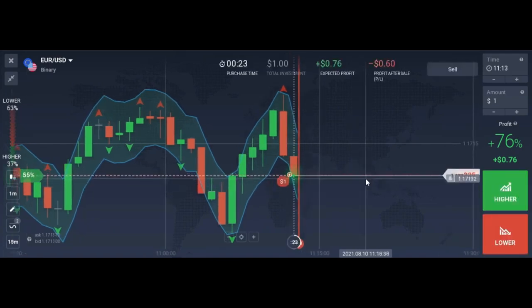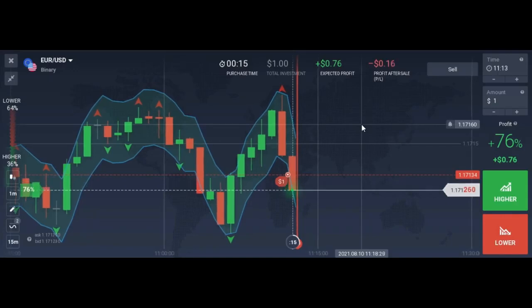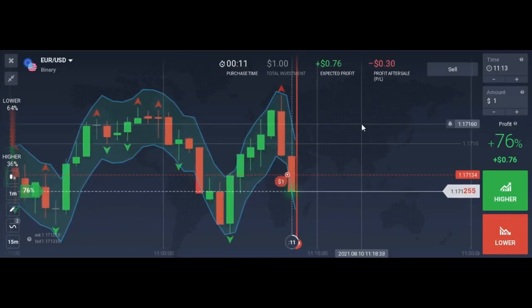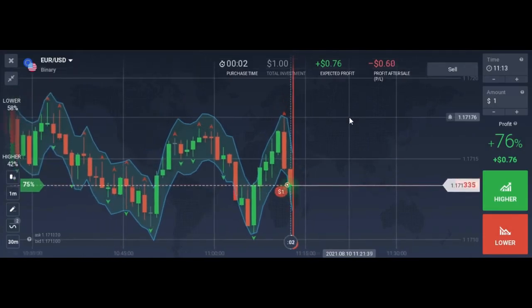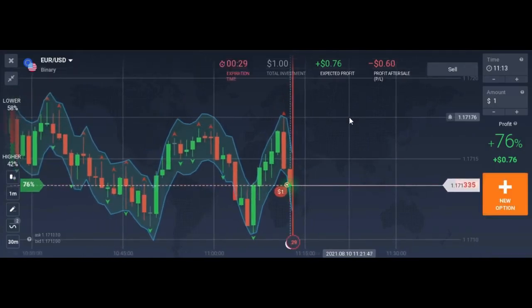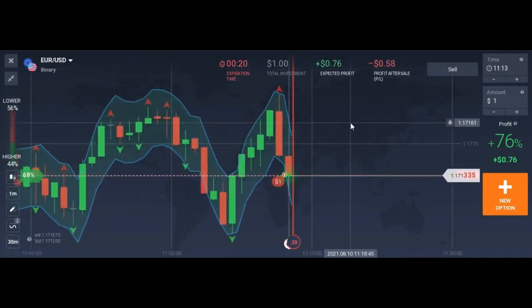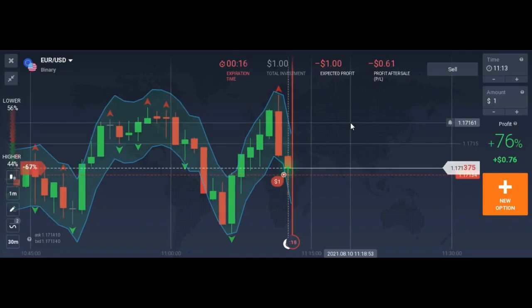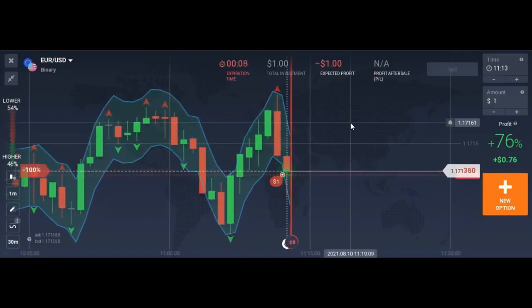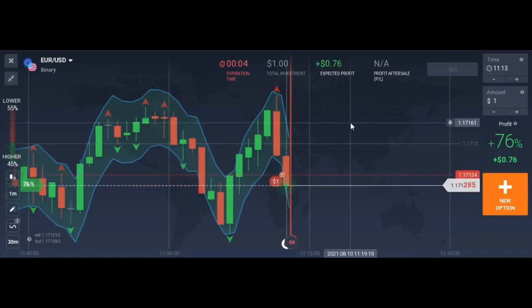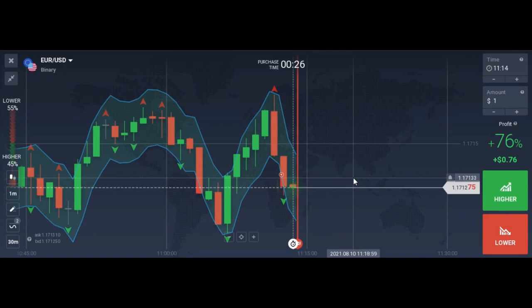Let's analyze the operation. First a fractal was formed that protrudes the ATR bands, and I did the sell operation at 1 minute when the next candle formed. Once you have practice with this strategy, you will figure out where the fractal is going to form before it does.